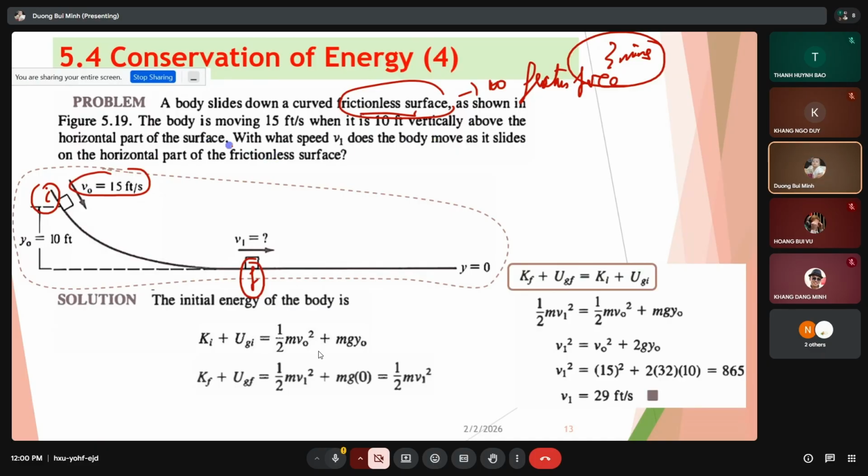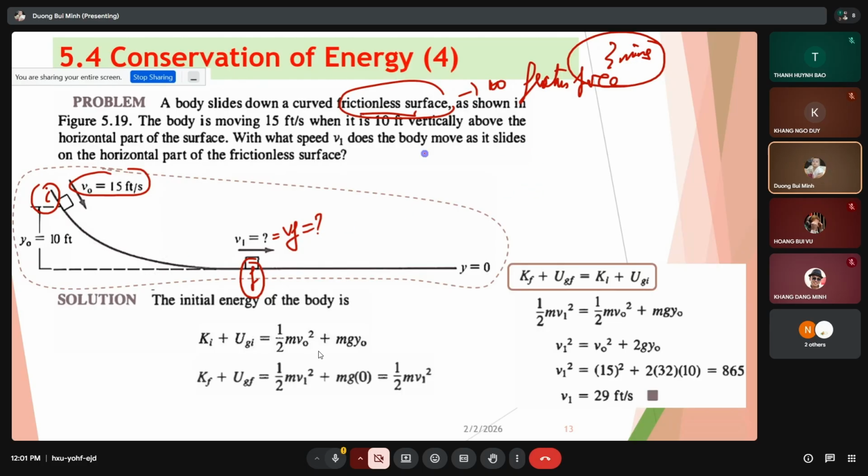What else? V1 is VF in this case, when it lies on the horizontal part of the frictionless surface. So here we can apply energy conservation.